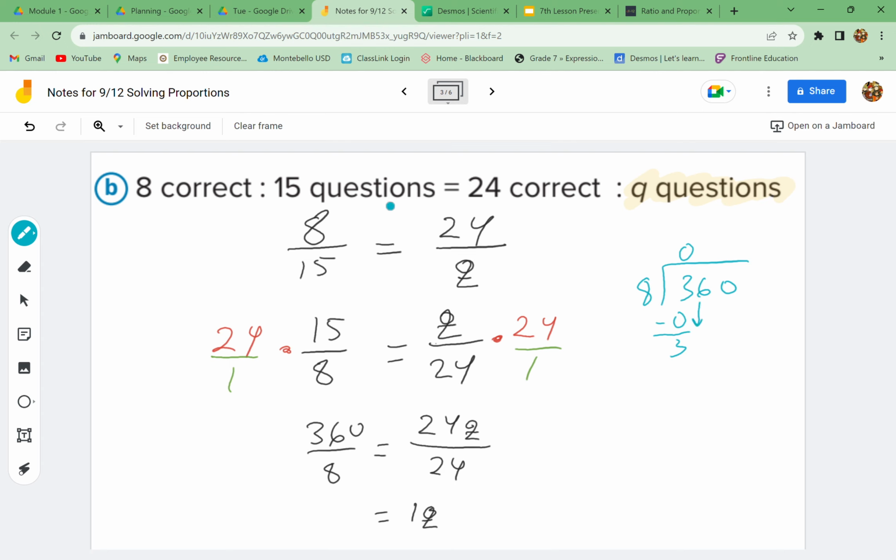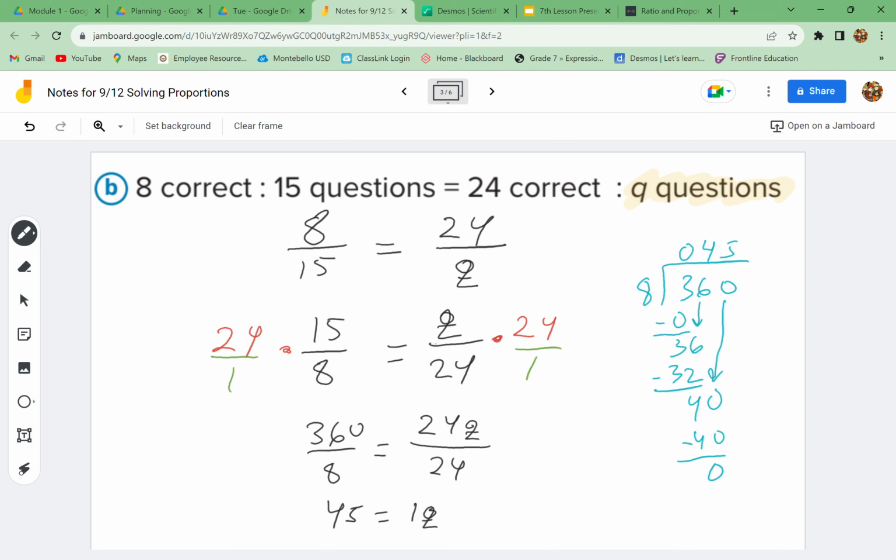Then I bring down the 6. Then 8 into 36 goes in 4 times. 4 times 8 gives me 32. Then I subtract and I get a remainder of 4, then I bring down the 0. Then 8 goes into 40 5 times. 5 times 8 gives me 40. Then I subtract that, I get a remainder of 0. So right here, I get 45.